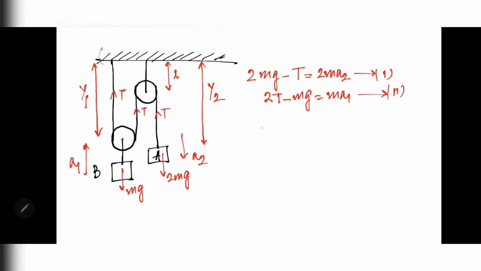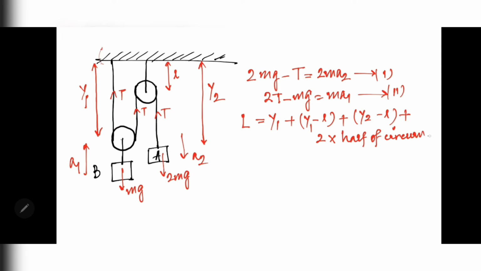Now here, suppose length of the rope is L, and that equals y1 plus (y1 minus L) plus (y2 minus L) plus 2 into half of the circumference. Half of circumference. Or here 2y1 plus y2 equals constant.